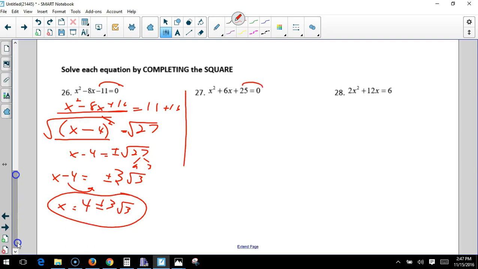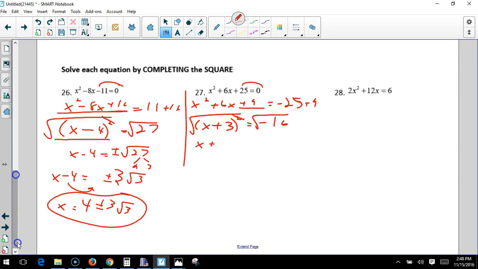First step, move 25 over. X squared plus 6x, leave a space, equals negative 25. Half of positive 6 is positive 3. Just go ahead and complete this right now. 3 squared is 9. Equals negative 16. Square root both sides.